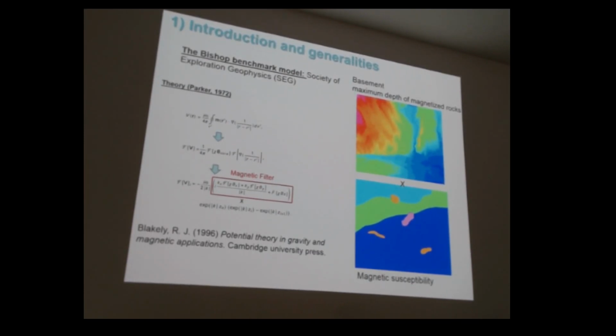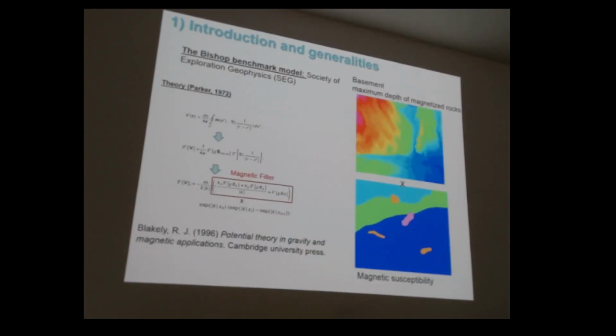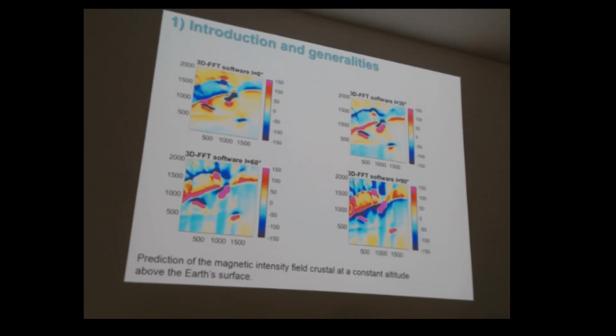To illustrate that with a bit more complex distribution of sources, more complex than the simple dipole I showed you earlier, you have these maps for the inclination of the core field, where you recognize the susceptibility contrast, but they are modulated by the depth of the bottom of the sources.